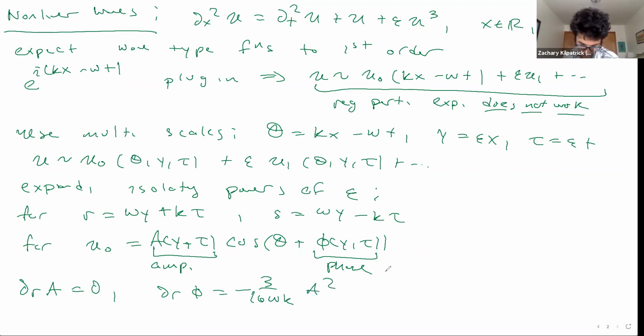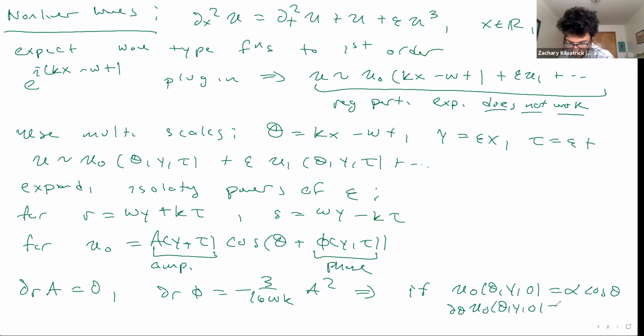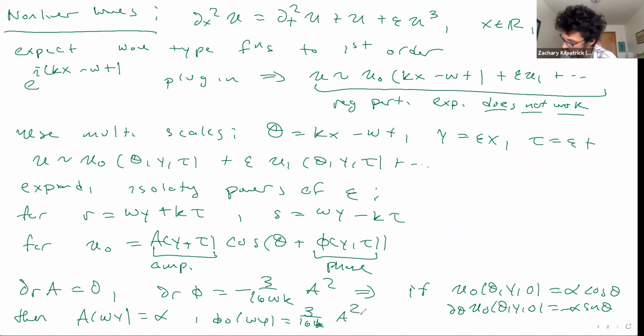And that means that at the end of the day, if u0(θ, y0) is equal to α cosine θ, and dθ u0(θ, y0) is equal to minus α sine θ, then A(ωy) is equal to α, and θ0(ωy) is equal to 3 over 16 K A squared y.